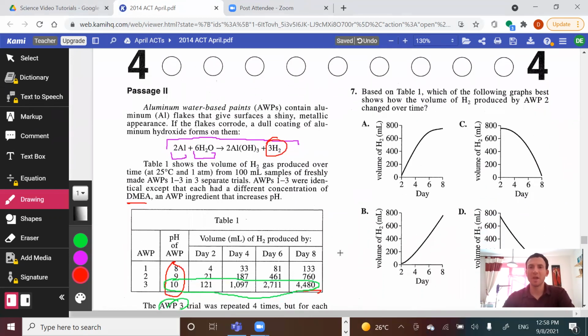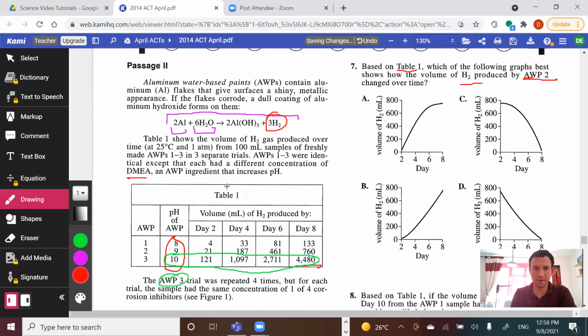So number 7, based on table 1, which of the following graphs best shows how the volume of H2 produced by AWP3 changed over time? So we're looking at table 1 right here. We're looking at AWP2, so this one.